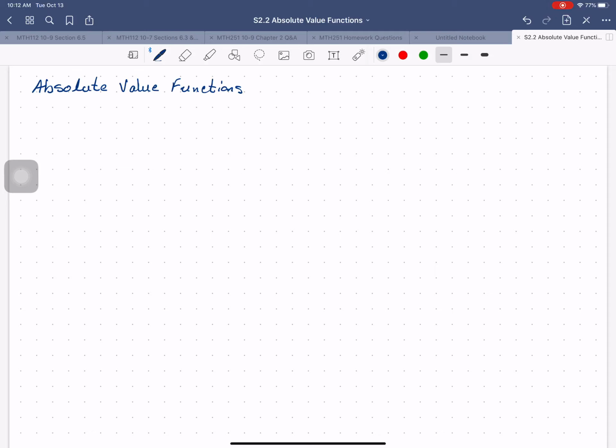And let's start with this. What does it mean to say the absolute value of x equals 3?